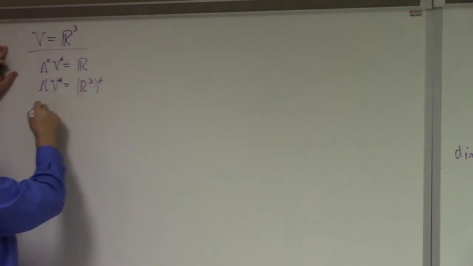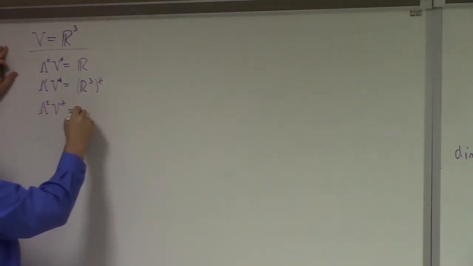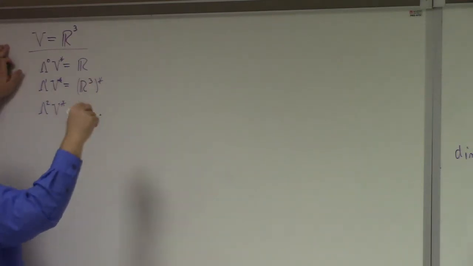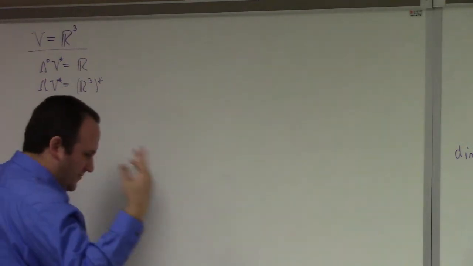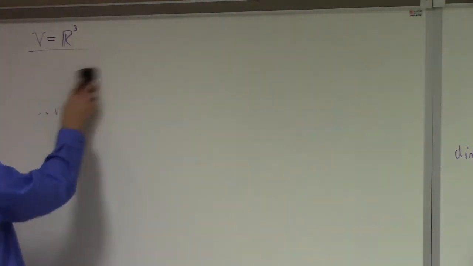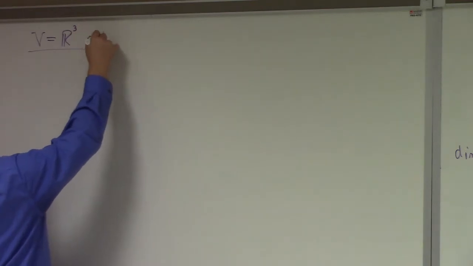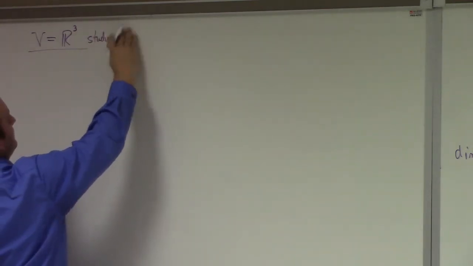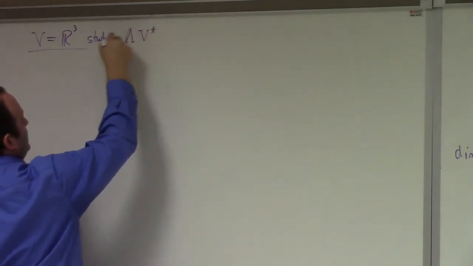And the 2 forms on V, well, I just wrote them over there, so let me not rewrite that. Let's look at V equals R3 and study the exterior algebra over V dual.